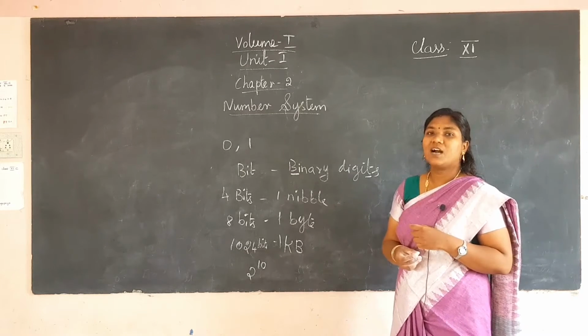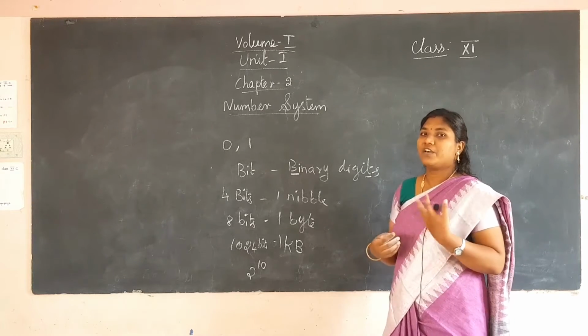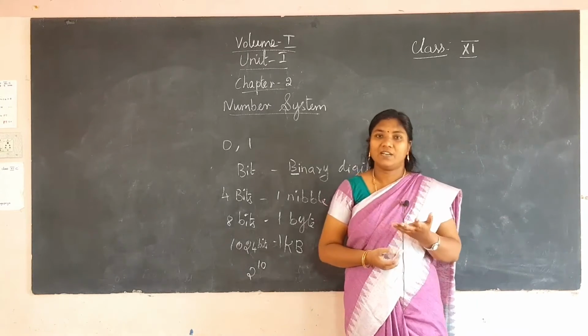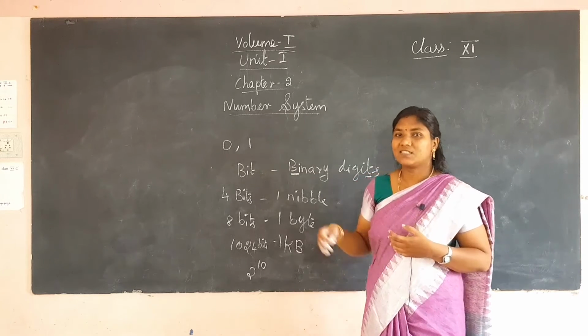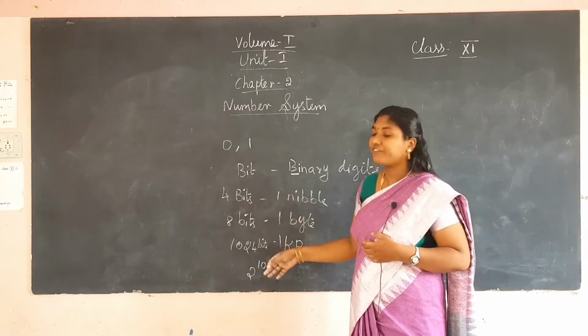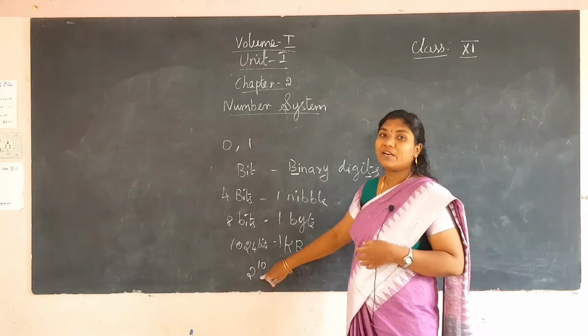Nowadays we load many videos and photos, so we use a hard disk, a secondary storage device. It is measured in terabytes, TB. So 1024 is 1 KB, that is 2 power 10.